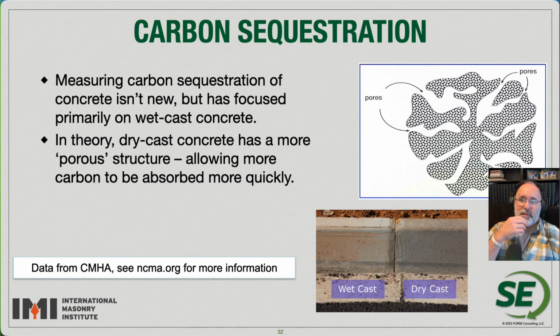Measuring carbon sequestration of concrete really isn't new, but we're now focusing on dry cast instead of just the wet cast concrete that you have with cast-in-place concrete. So we have a lot more data from CMHA, and a lot of that is going to make the argument even more compelling. But again, we didn't really need to go that far to see that we have already had a lot of savings just due to the less material that you need with concrete masonry versus a poured concrete wall.